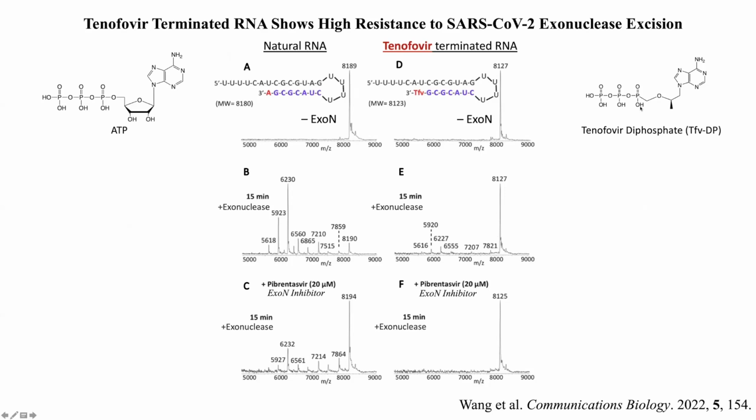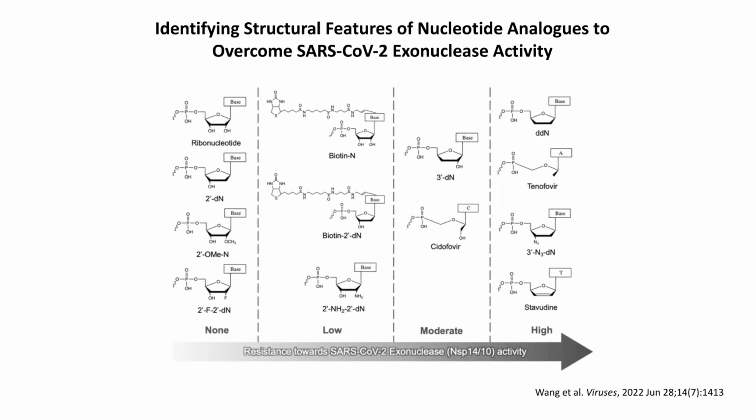But here is the challenge: this type of molecule had very low incorporation efficiency by the SARS-CoV-2 RDRP. So we designed and synthesized a variety of RNAs terminated by different nucleotide analogs with different features and identified a trend. It turned out this type of nucleotide analog has high resistance to exonuclease.